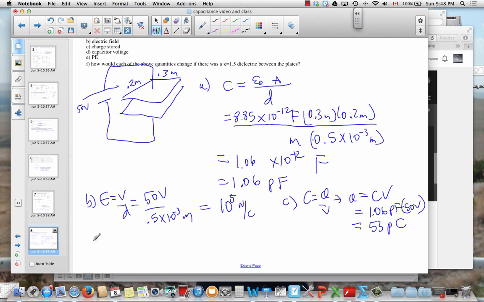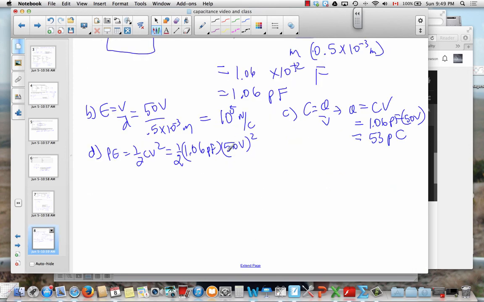What's the energy? Energy stored in a capacitor is 1/2 CV squared. Here, in order to get it to work out to be joules, we can use pico because we're not squaring it, but the voltage, we've got to use 50. We can't use any engineering metric prefixes there.